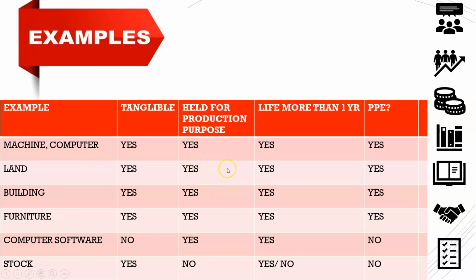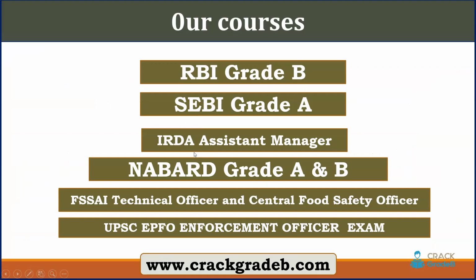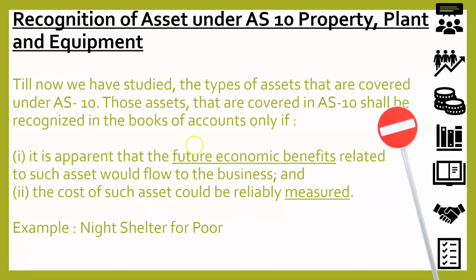No, it was not held for the purposes of production. It has life more than 1 year, yes. Will it qualify for property, plant and equipment? No, because it is not held for the production purpose or for the purposes of business. Therefore, it will not generate any future economic benefits, so it cannot be recognized in the books of accounts.